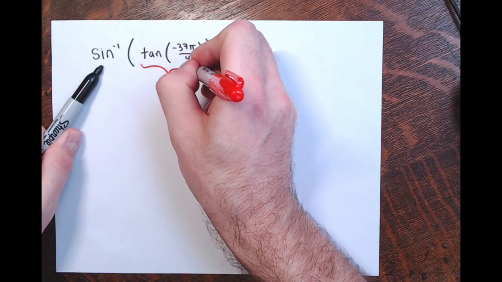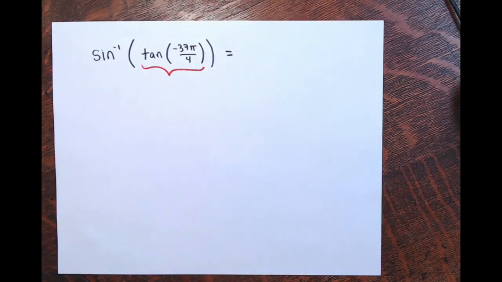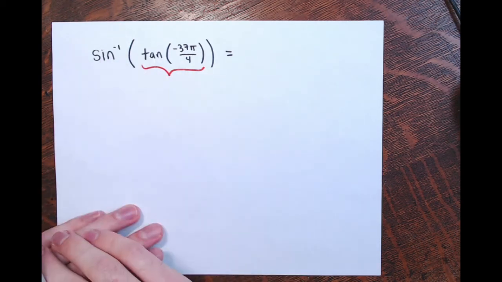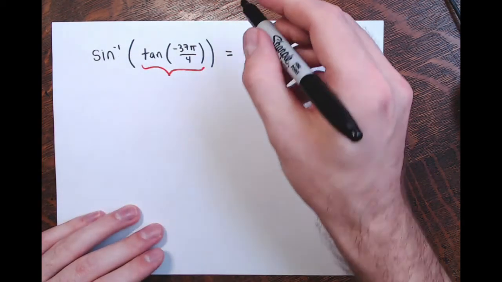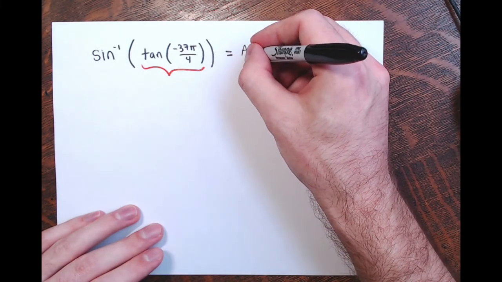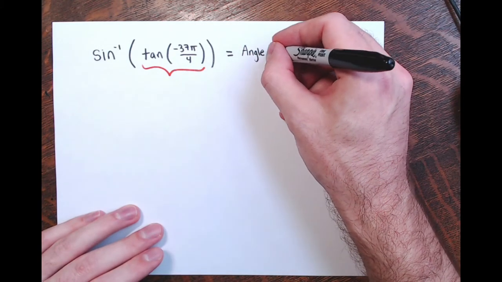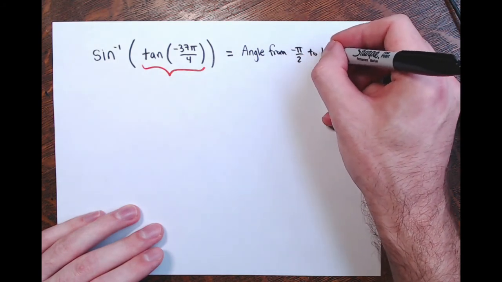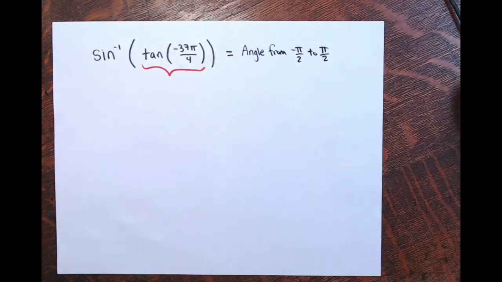Now this thing in here, this tangent of negative 37 pi over 4, that's going to be some number. I'll figure that out in a minute. And we're taking the inverse sine of a number. Now the inverse sine of some number is going to be an angle, and it's going to be an angle from negative pi over 2 to pi over 2. Remember the range for inverse sine.